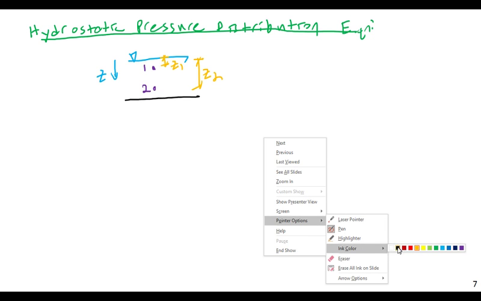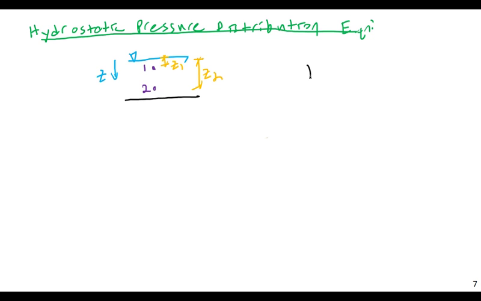Well, we know a few things. We know the partial of pressure with respect to z is equal to gamma. Now, what happens if I separate the variables? I get dP equals gamma dz.